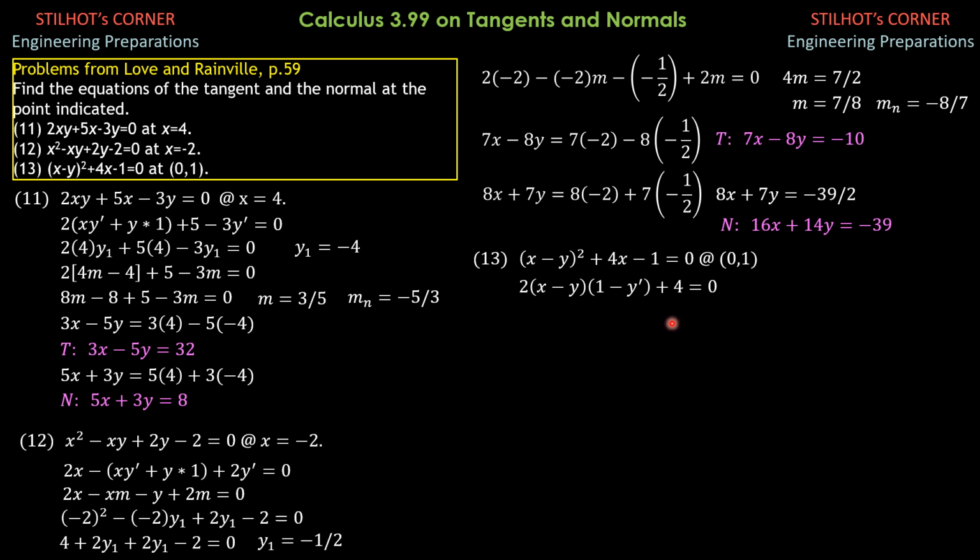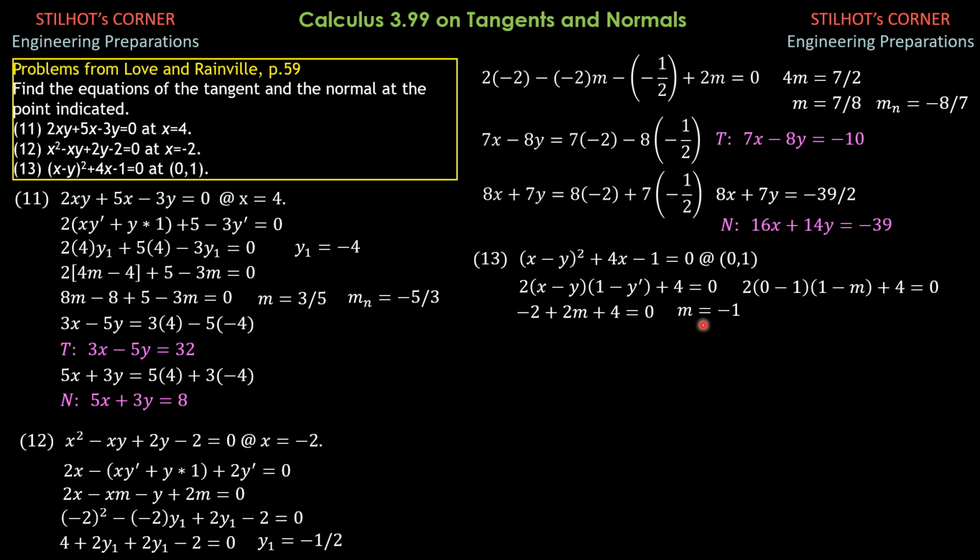So we substitute x is 0, y is 1 to solve for y prime or m. So 2 quantity 0 minus 1 times quantity 1 minus m plus 4 equals 0. So this is negative 2 plus 2m plus 4 equals 0. So 2m equals 2 minus 4, negative 2. So m is negative 1.